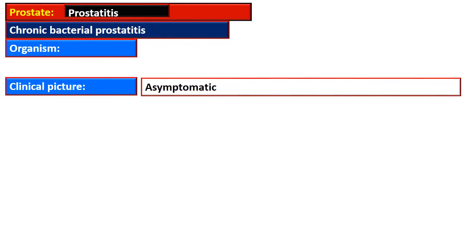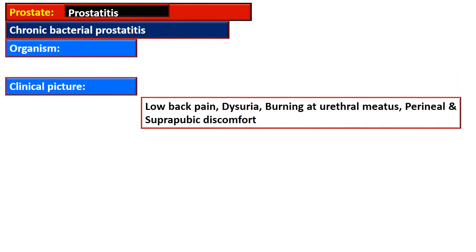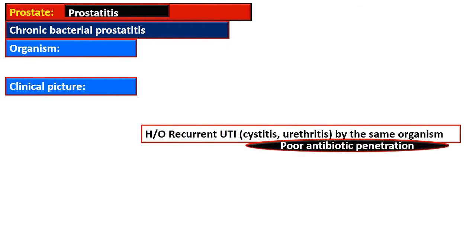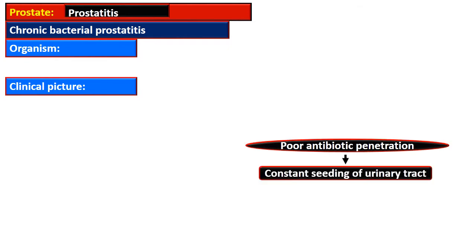Clinically, this entity may remain asymptomatic or the patient presents with low back pain, dysuria, burning at the urethral meatus, and perineal and suprapubic discomfort. There is a history of recurrent UTI such as cystitis and urethritis by the same organism, as there is poor antibiotic penetration of the prostate.